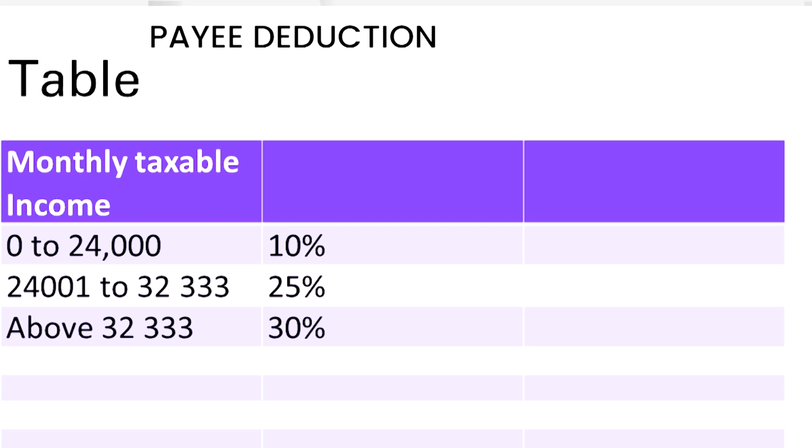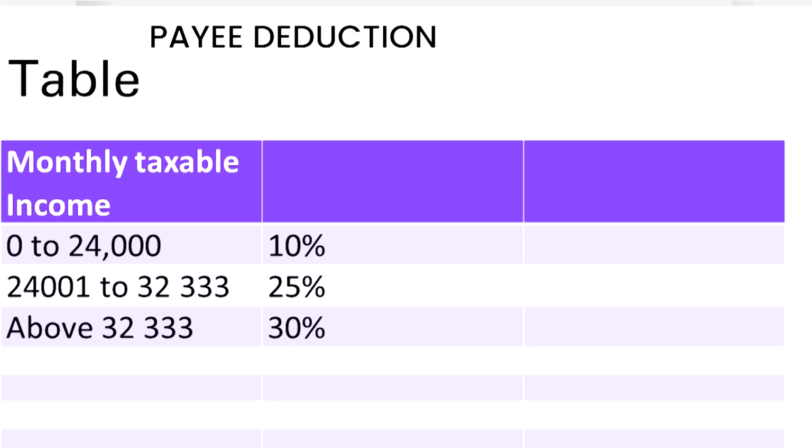Then those earning 24,001 shillings to 32,333 are supposed to pay a 25% tax. And those earning above 32,333 are supposed to pay 30% tax.